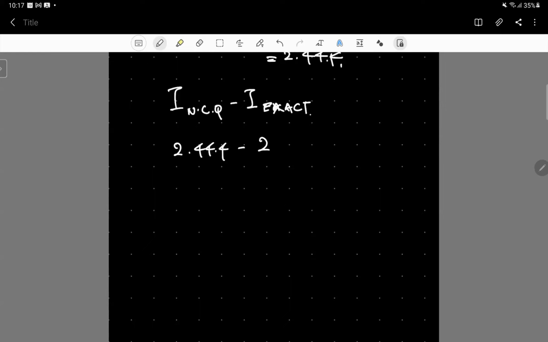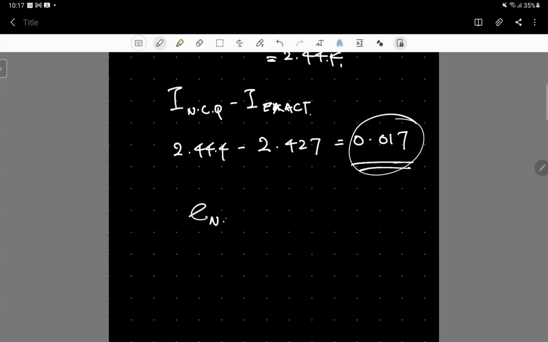The exact integral gives us 2.427. So you see the error is 0.017, which is quite significant. The error of the Newton quadrature method is larger than the one obtained from the Gaussian method. So this is one such example.